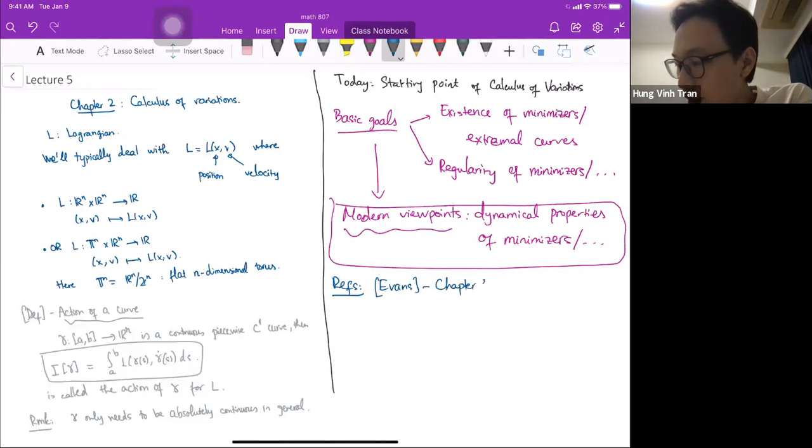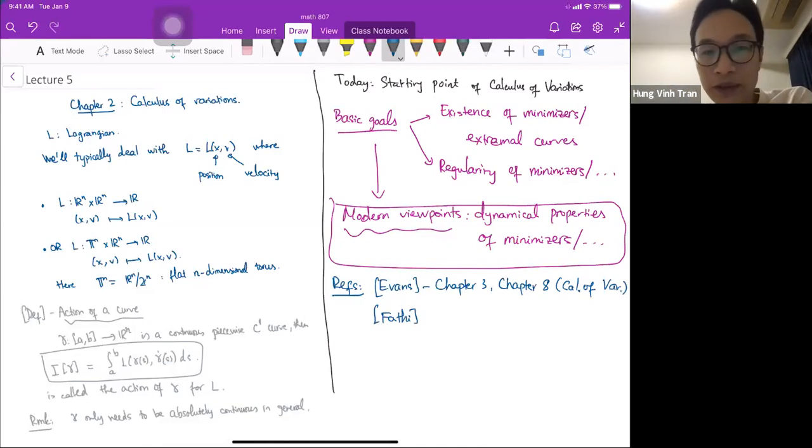This has a little bit of that, and then chapter 8 or something on calculus of variations. And then surely Fathi's book. He has done it quite carefully, and then our lecture notes.